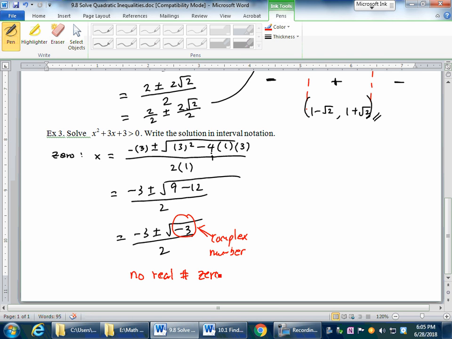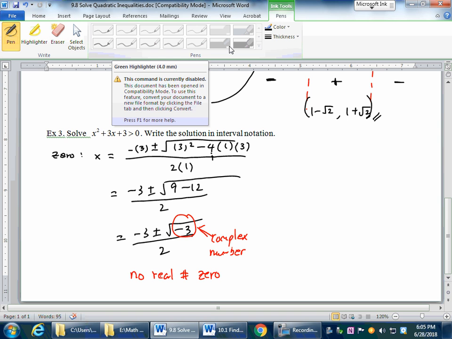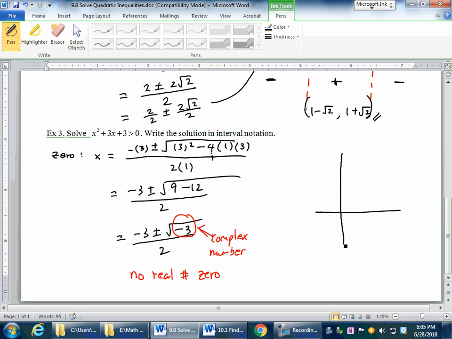Okay, we're going to have to go back to the graphing that we talked about before to interpret this problem. So when there is no 0, that means we don't have an x-intercept. So the graph of the parabola is going to be either on the top of the x-axis or at the bottom of the x-axis. Since my leading coefficient is +1, that means the graph must be opening upward.